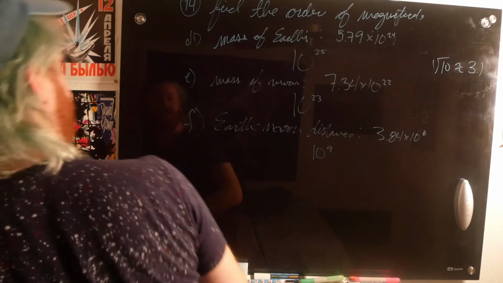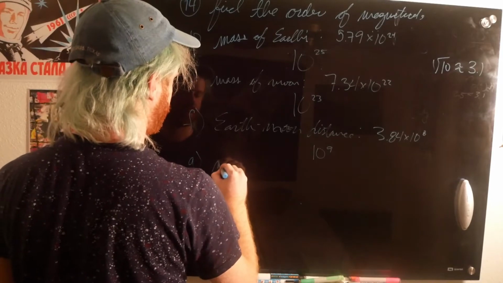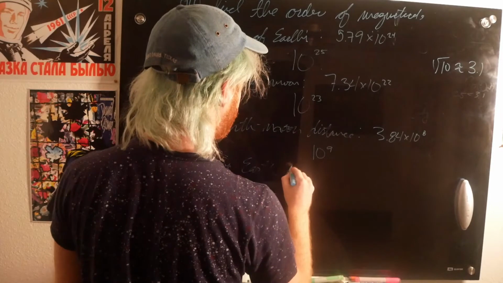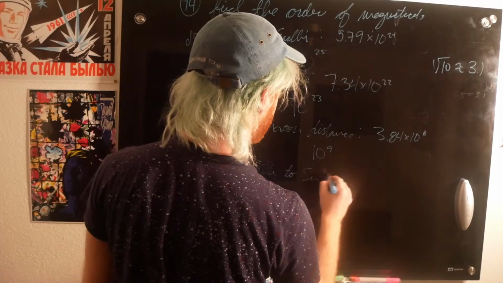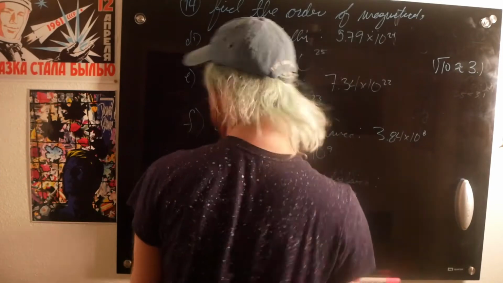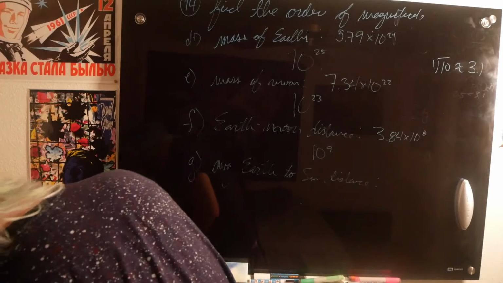So mean Earth to Sun distance, average, is 1.5 times 10 to the 11th.